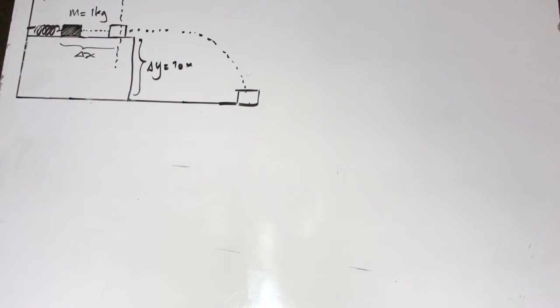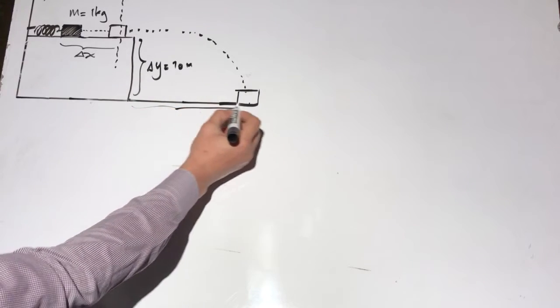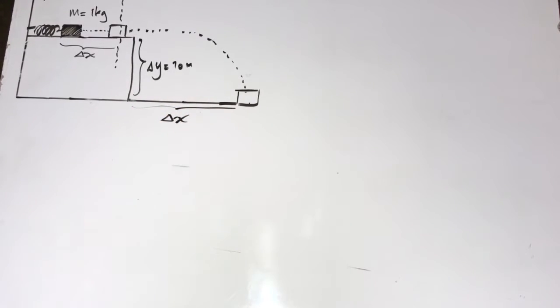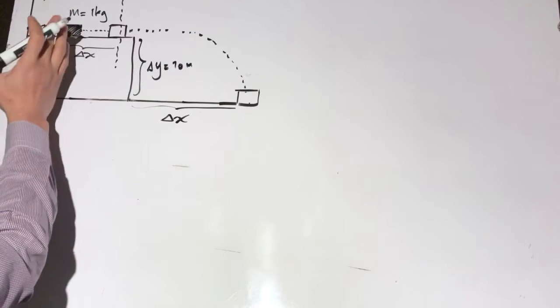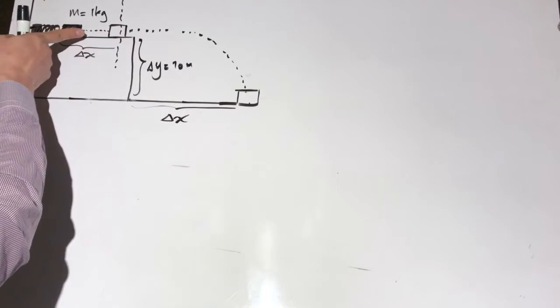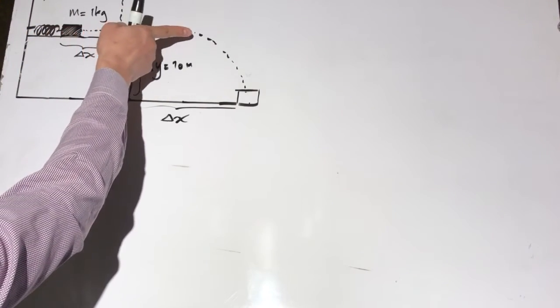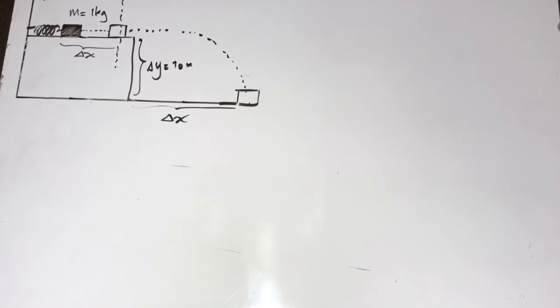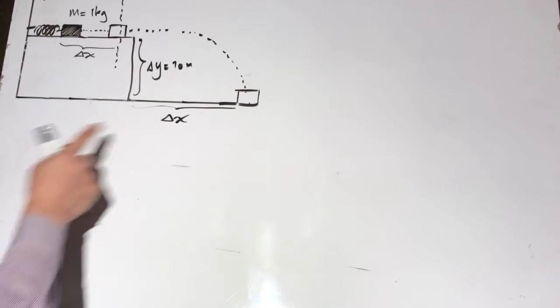Oh, and with this one, we must also know the displacement there. Now let's forget about the spring constant at this point in time. Just pretend the box is moving along the table, and eventually it moves down off the table with gravity.